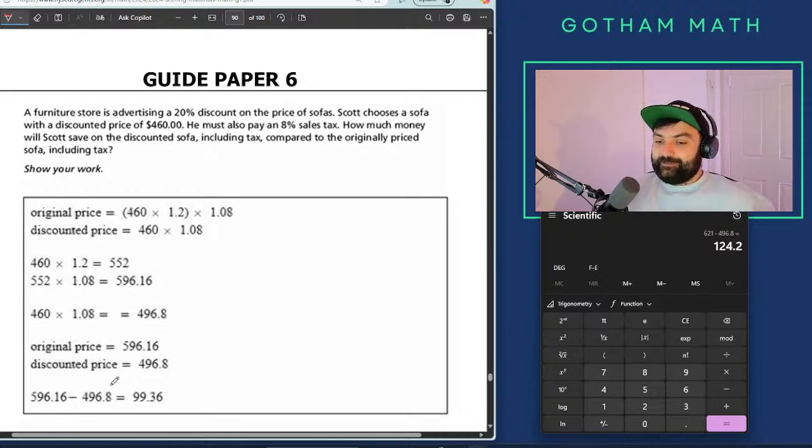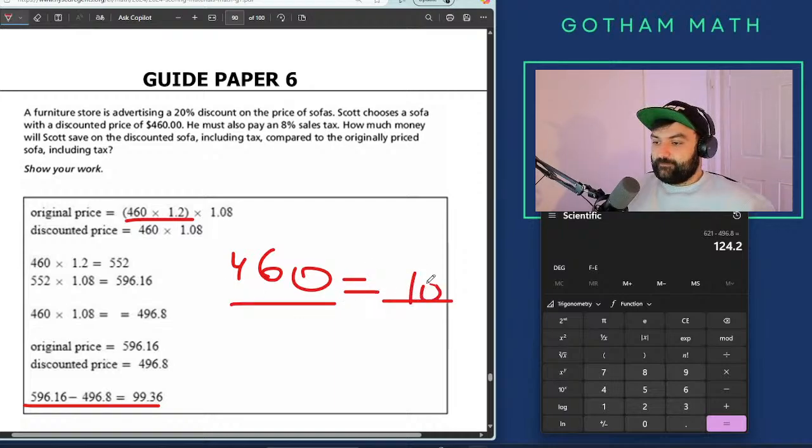Other than that, this person understands that you have to subtract in the end, right? But I wouldn't give this a 2. This is way too wrong. It's like saying 460 is 100%, and we're looking for 120%.